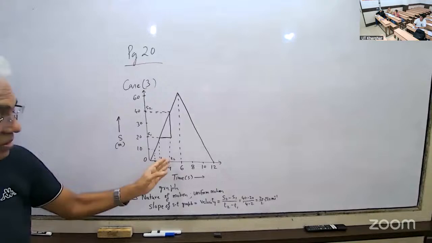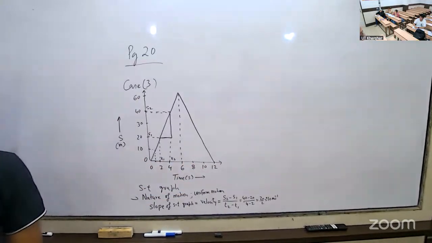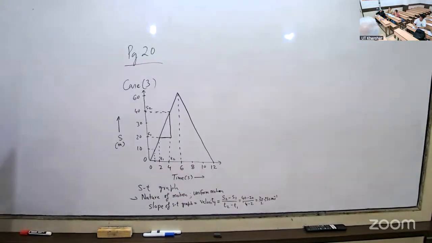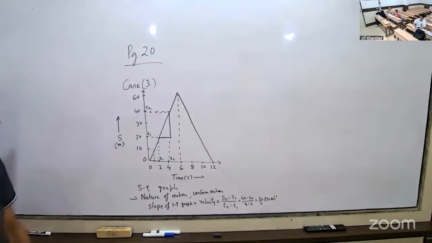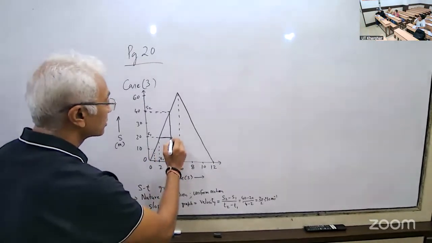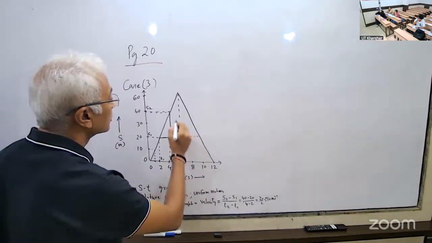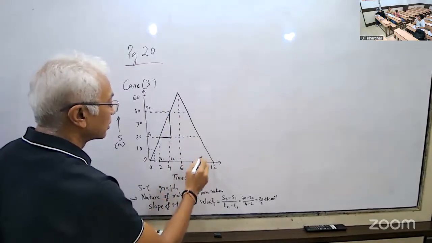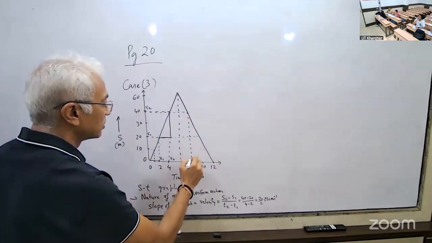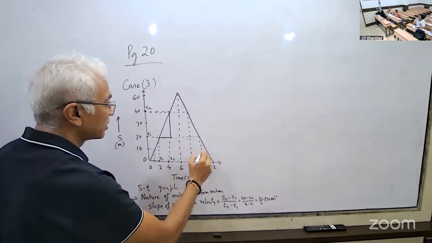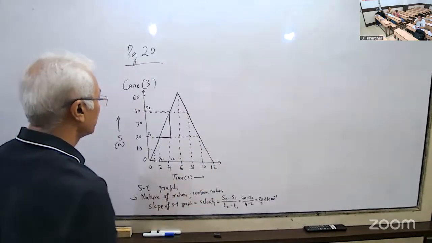Now, what is the nature of motion after 6 seconds? What is the velocity? Minus 10, right? Therefore, if you extend this, and let us say we take it between 8 and 10 seconds, so what do you have?